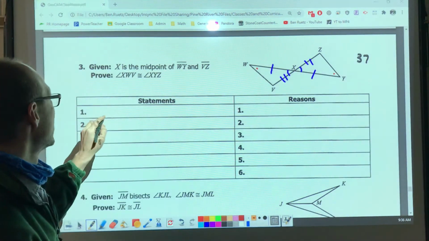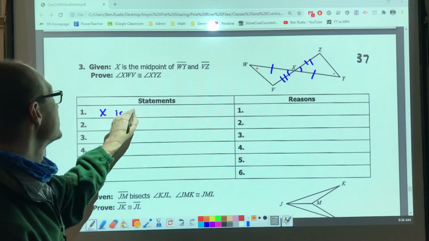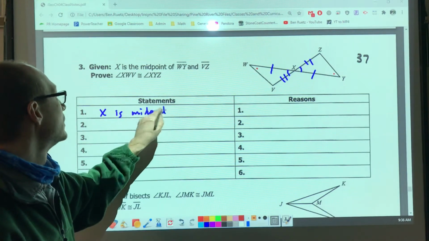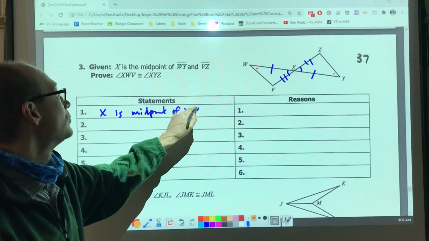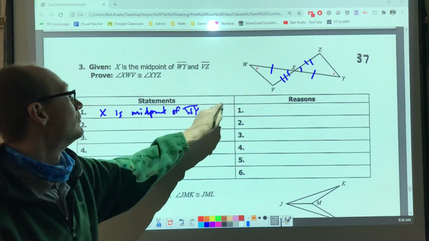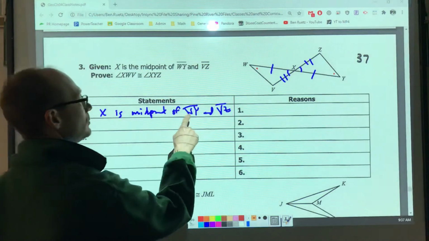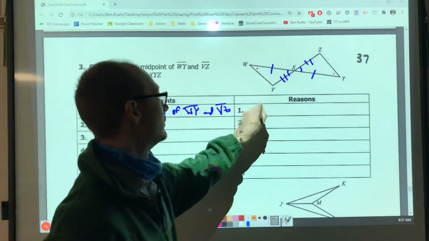So the first thing I'm going to say is X is the midpoint of WY and VZ, that's given to us.